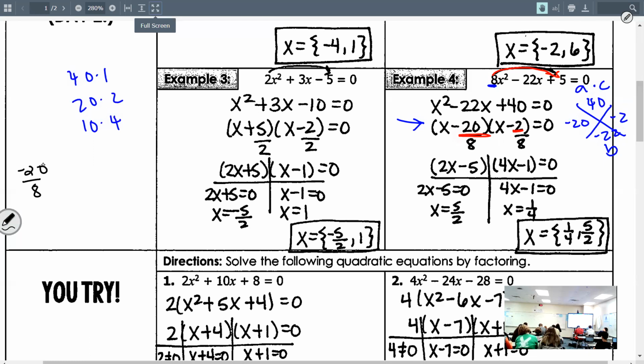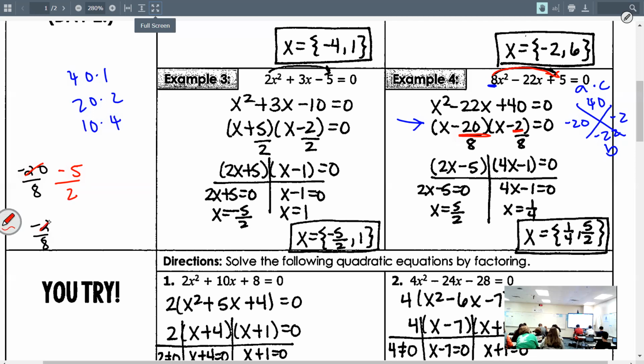What number goes into -20 and 8? 4 would be the biggest one. If you said 2, you would have had to reduce again, right? But 4 goes into -20 how many times? So we get -5 on top, and what number on the bottom? Good. And then when we reduce the other fraction, -2/8, 2 goes into both of them.